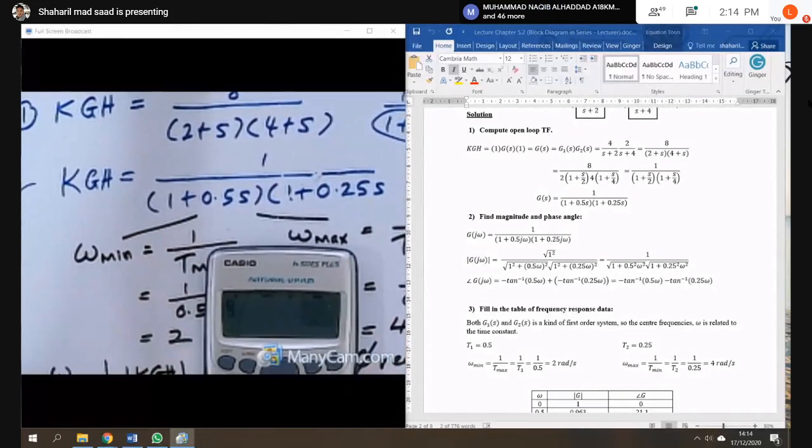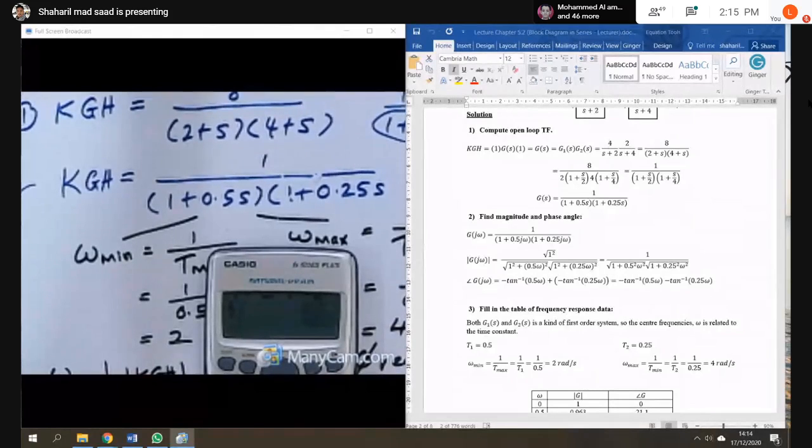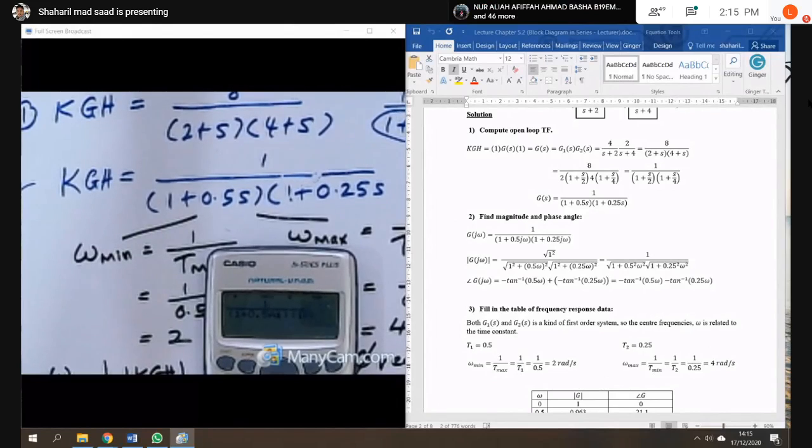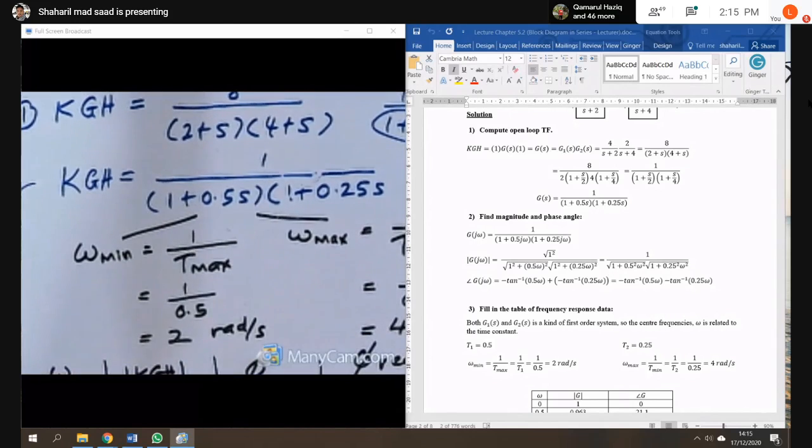First of all, you choose the fraction, and 1 you divide with parenthesis 1 plus 0.5 A I, where A is the unknown variable, times 1 plus 0.25 A I. So I will write it here.